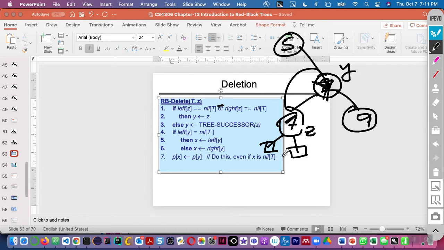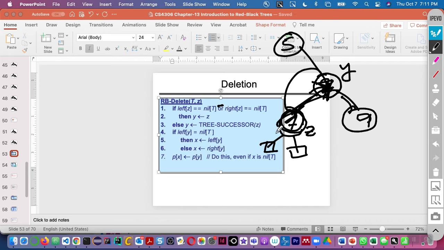Okay, it's nil, that means it is root level, it is leaf level. Then replace this leaf, go up, and it will be solved either this way or this way.